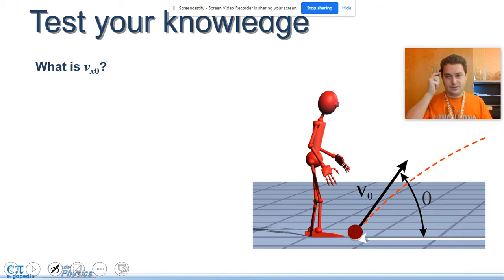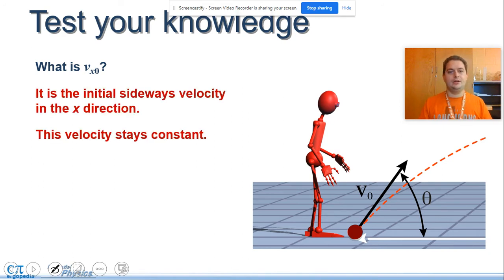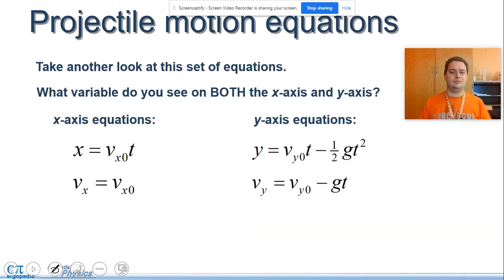So, think real quick. Tell me, what does Vx0 mean? Okay. Initial sideways velocity in the x direction. Velocity stays constant. Vx0, velocity on the x-axis initially. So now, here's the big kicker.